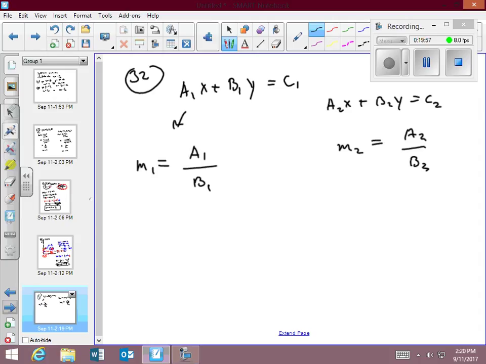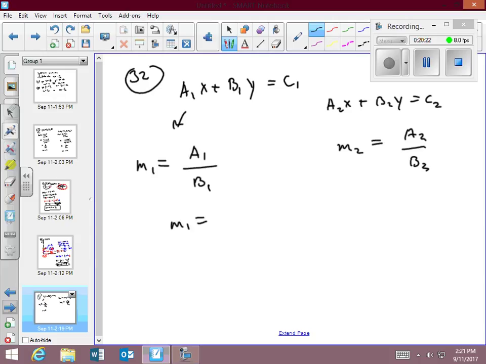Notice it says if the graphs A1 x plus b1 y is equal to c1, and if a2 x plus b2 y equals c2, if they're parallel, what would that be?